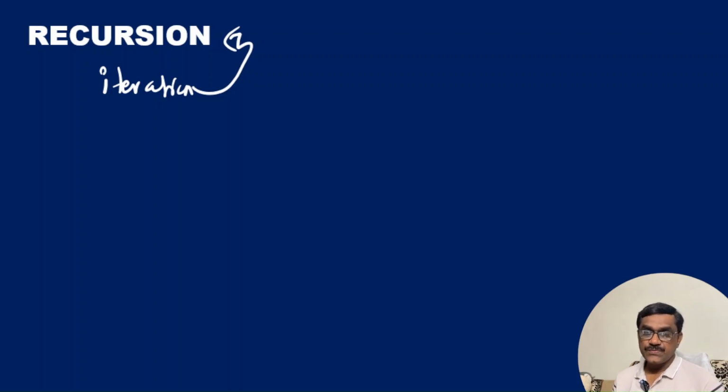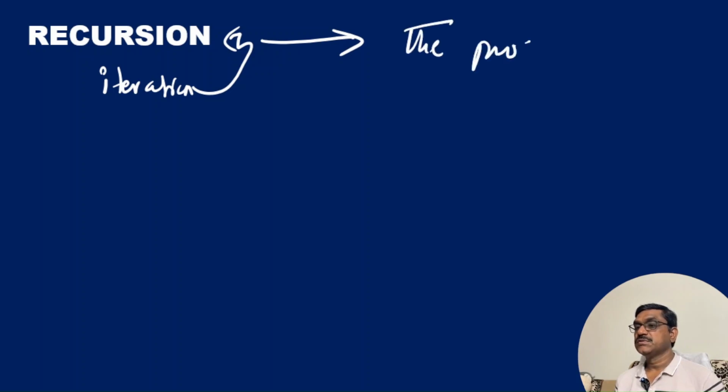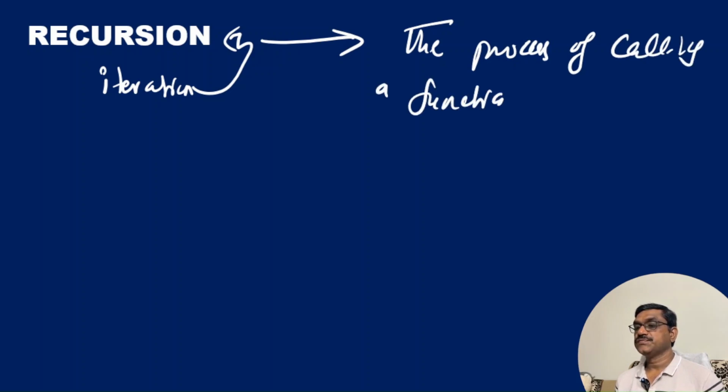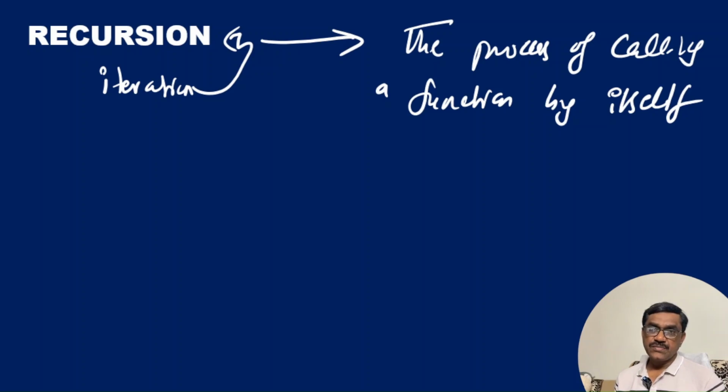Recursion is a very important concept in functions. What does recursion actually mean? The process of calling a function by itself. This is a simple definition. Calling a function by itself is called recursion.